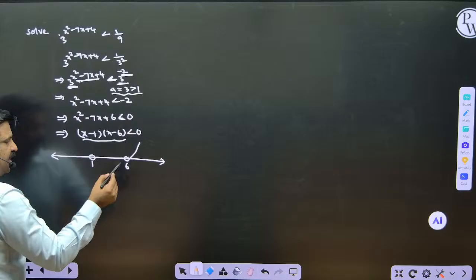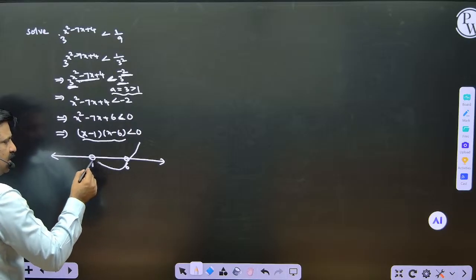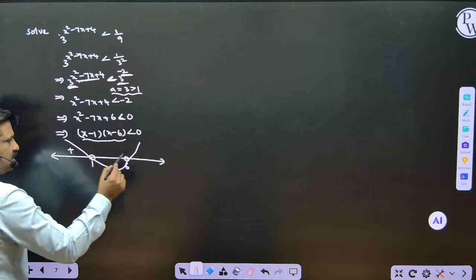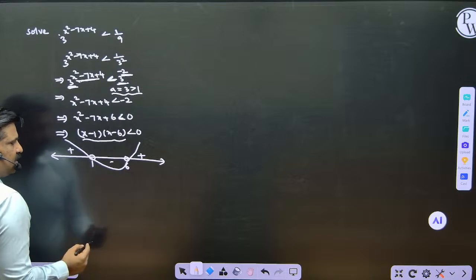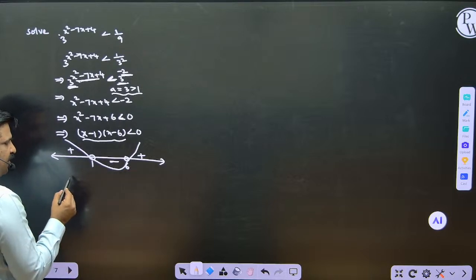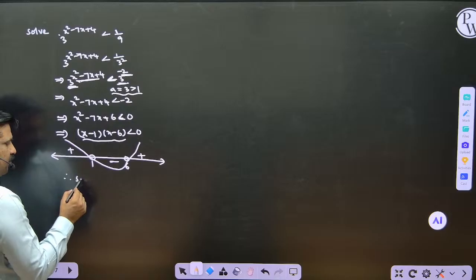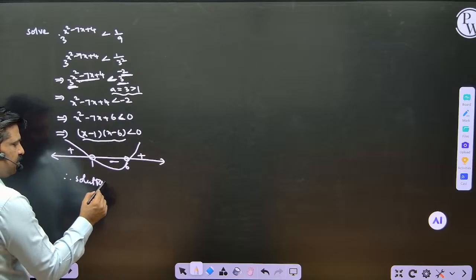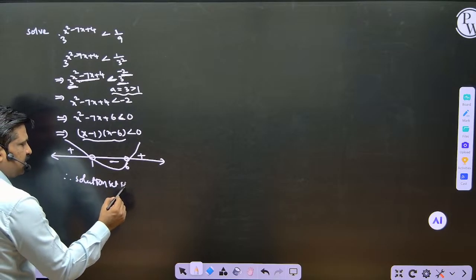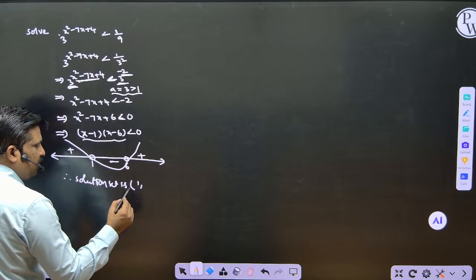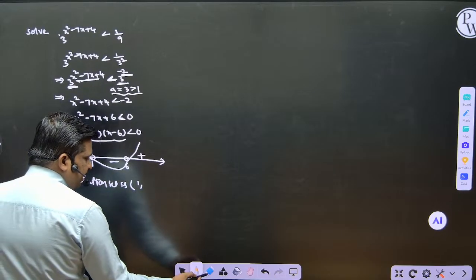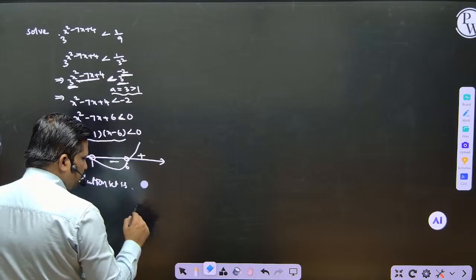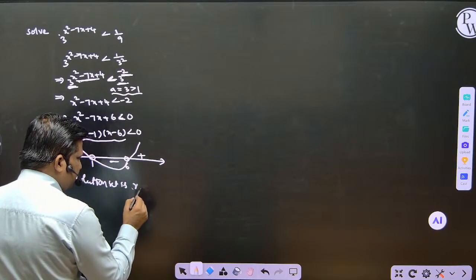Start the wave from the right side, it crosses, this is also crossing. But we require only the negative part. Therefore, the solution set is x belongs to (1, 6).